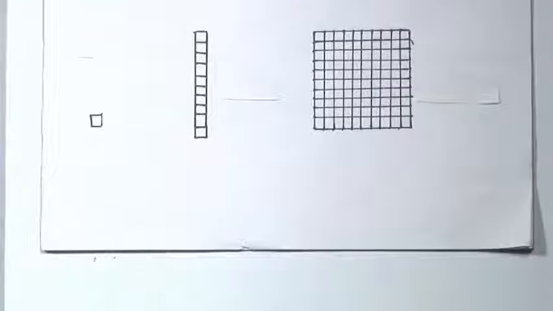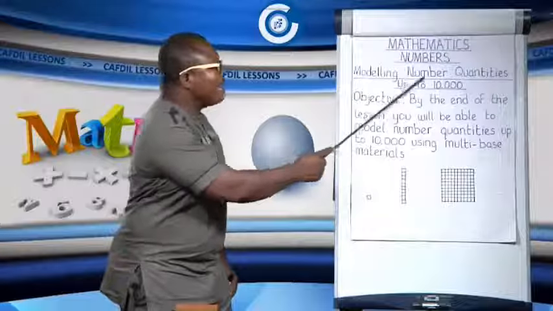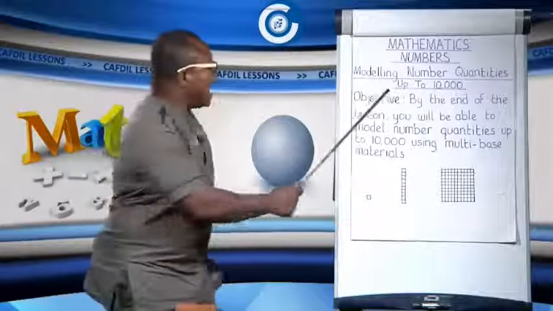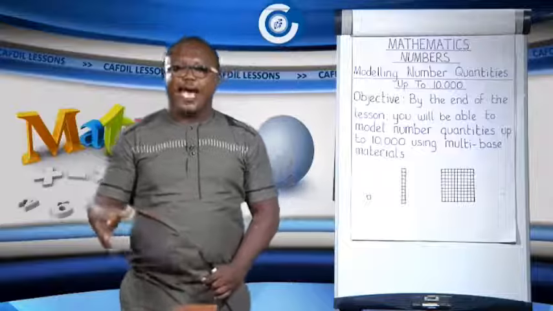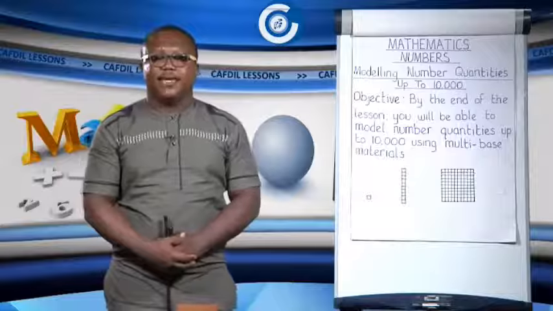And remember, we said we are modeling number quantities up to 10,000. So here we are modeling numbers.